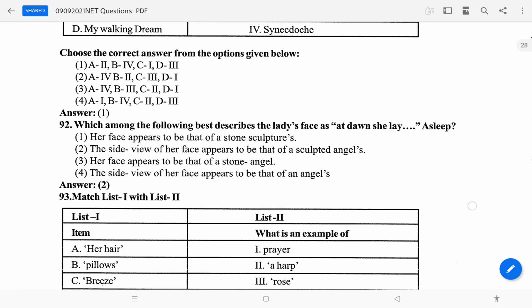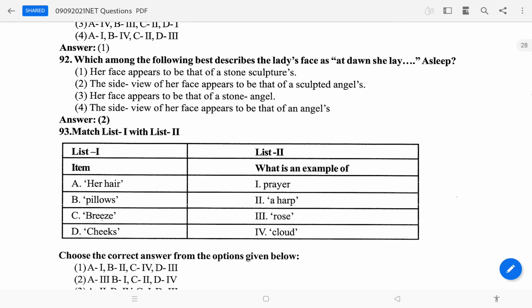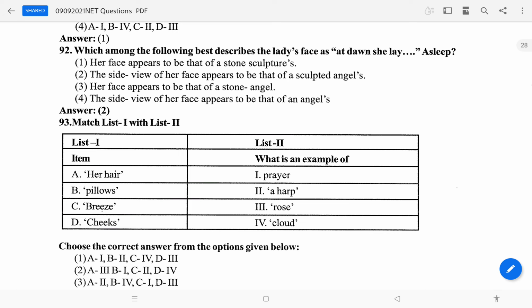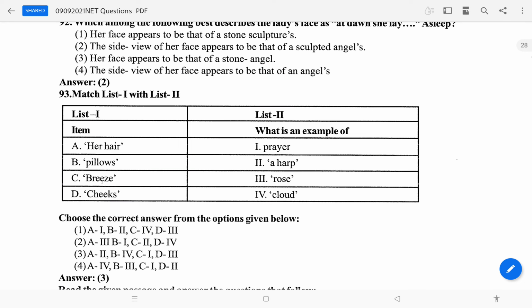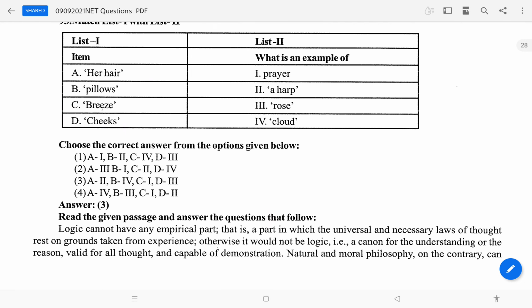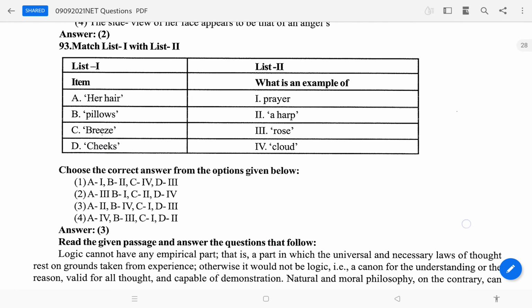Then question number 92. Which among the following best describes the lady's face as at dawn she lay asleep? And the answer will be 2. The side view of her face appears to be that of a sculpted angel's. Then question number 93, and you have to match the following.